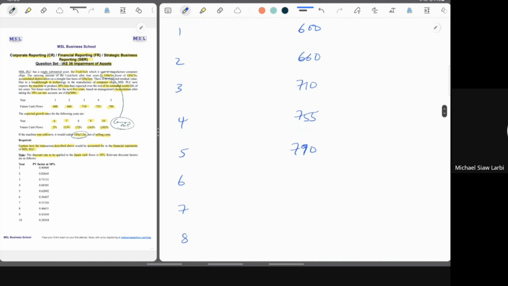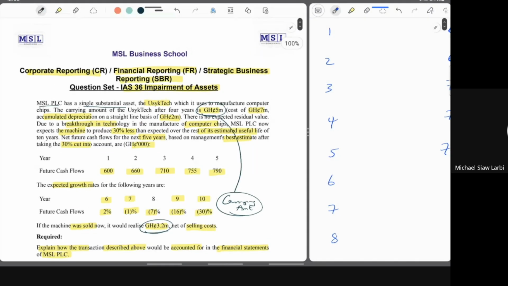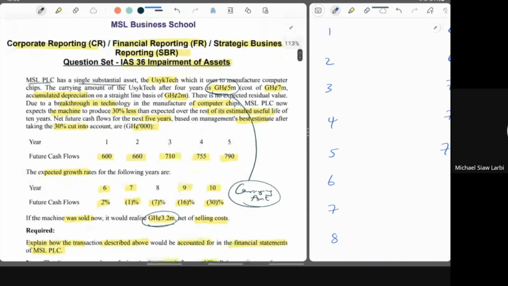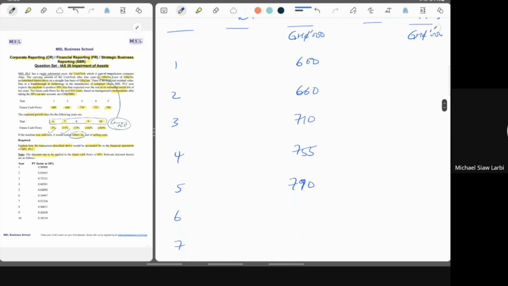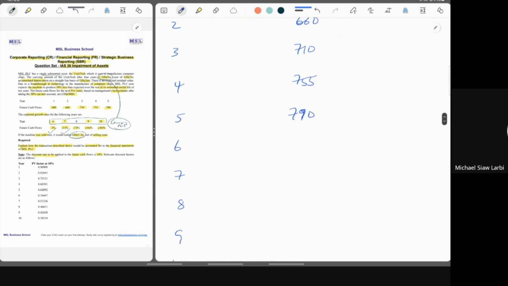I'm told that for year 6, if you look at the question carefully here, we are given specific data on the growth rate. From year 6 to 10, what you have will be growth rates, growing by 2%, falling by 1%, in that order. Let's list our growth rates clearly. For year 6, we expect to grow by 2%, so plus 2%.